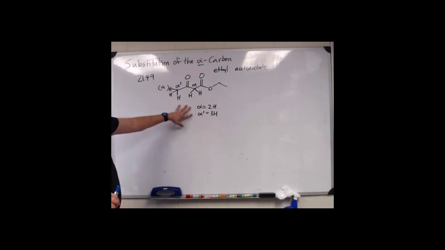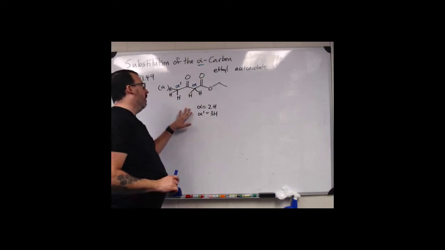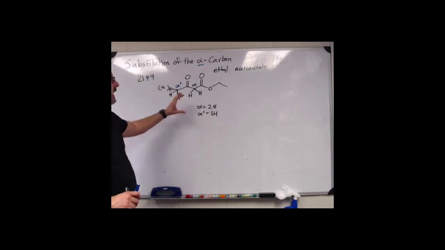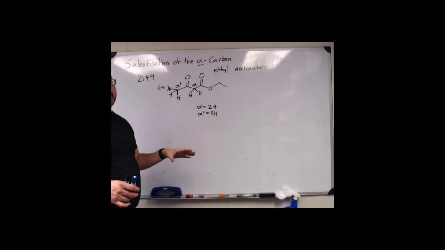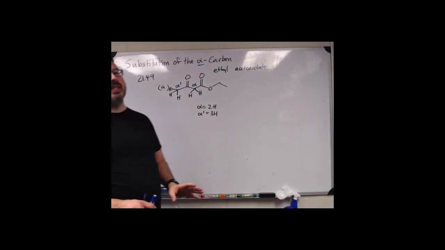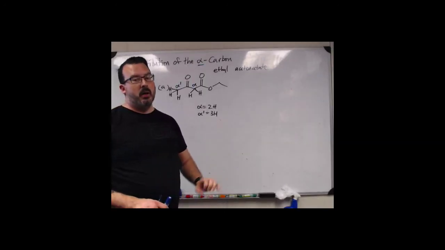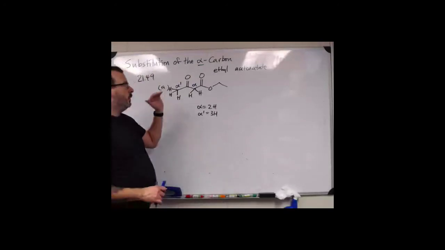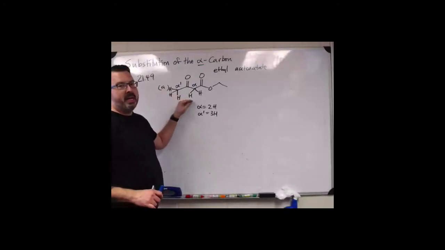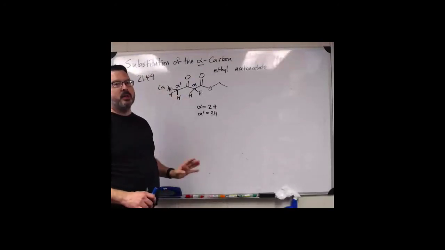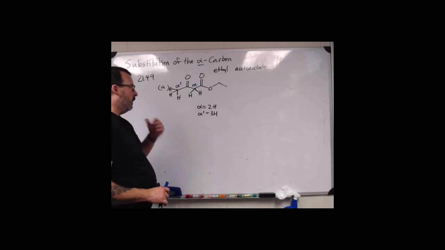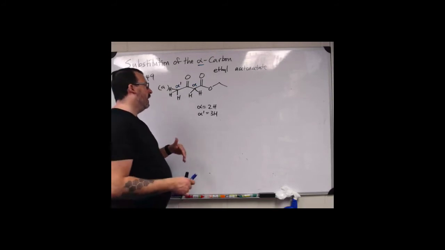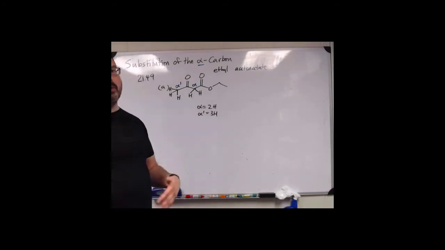Now my next question: of these 2, even though they're both alpha carbons, one of them is way more acidic than the other. And what that means is, if you treat this with one equivalent of base, you're going to get preferential deprotonation at one position over the other. So in the text box, why don't you type your choice, alpha or alpha prime, and then we'll talk about which one it is and why.